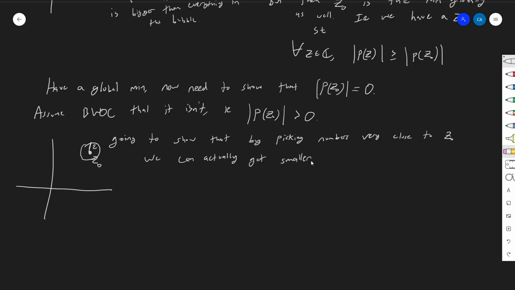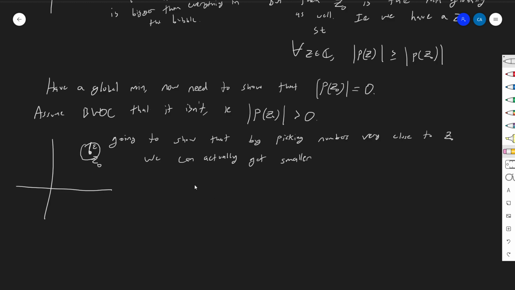Which will be, of course, an immediate contradiction, because getting smaller means you are no longer talking about the minimum, which is what we were talking about. But we're not going to do it directly, because that would be annoying. Instead I want to talk about the shifted polynomial, where the minimum is at 0. So that's the first step.